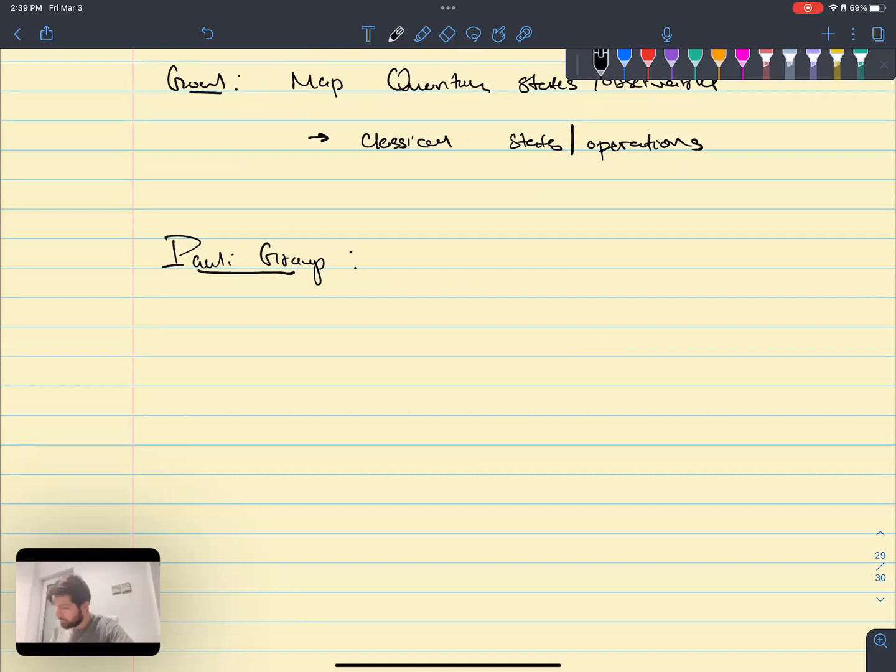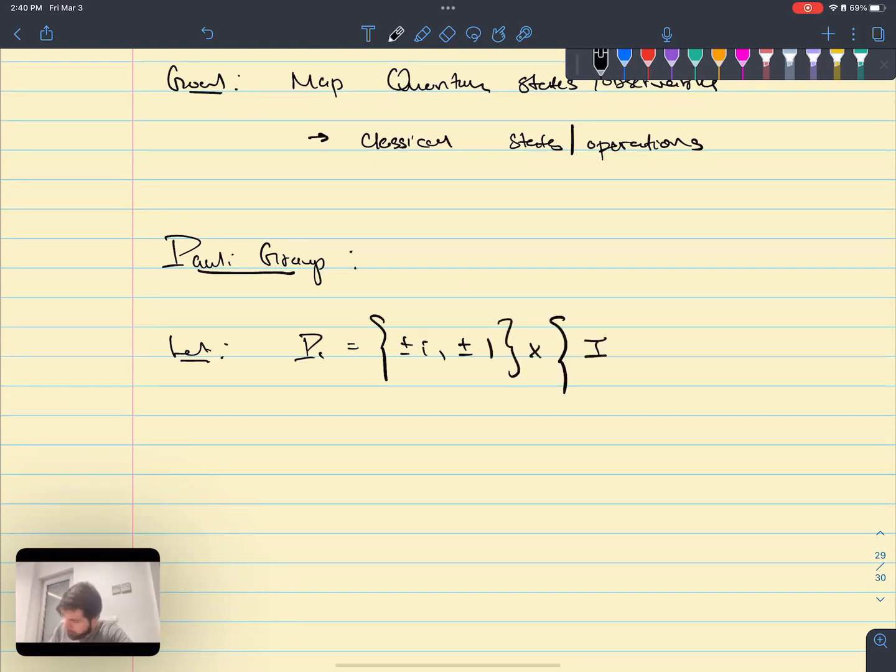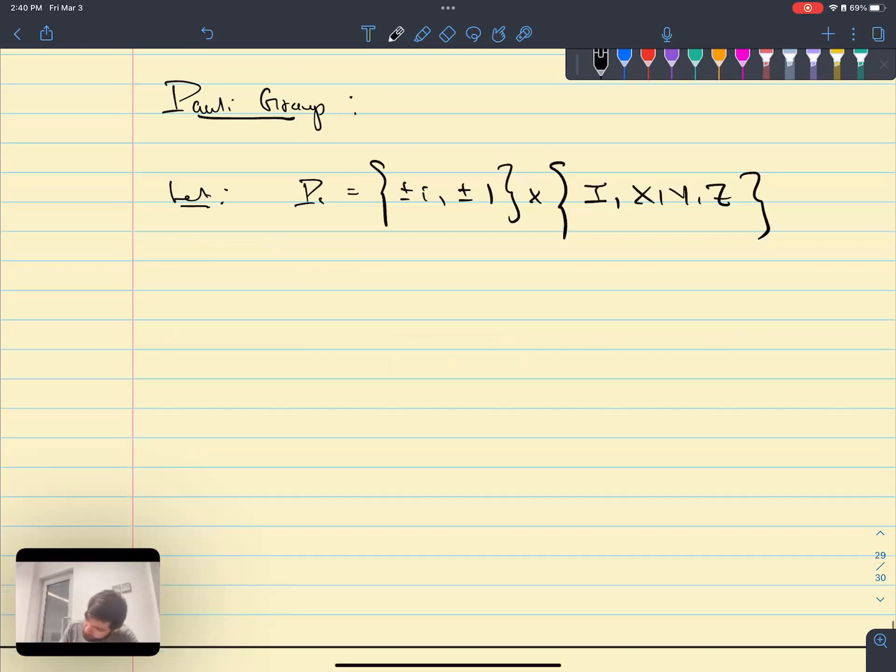So let's first define, for a single qubit, the single qubit Pauli group, which consists of plus or minus 1 and plus or minus the imaginary value i, times these operators I, X, Y, Z, where I is the identity.